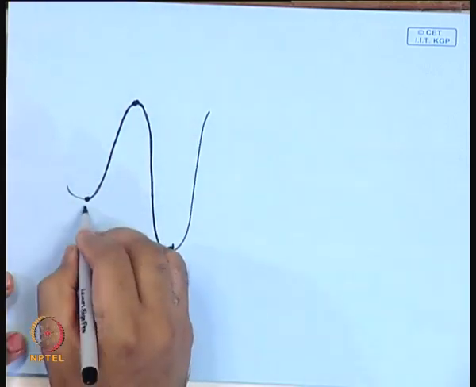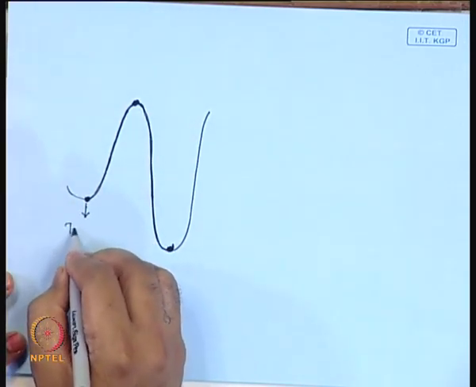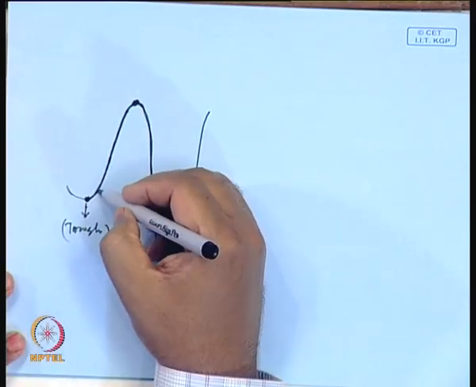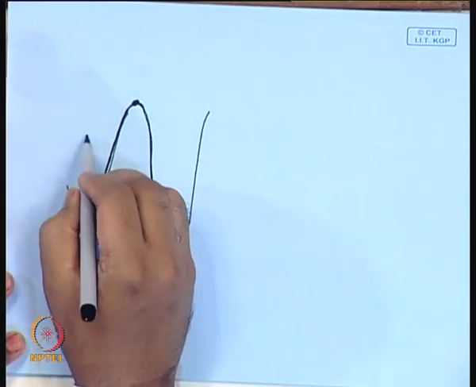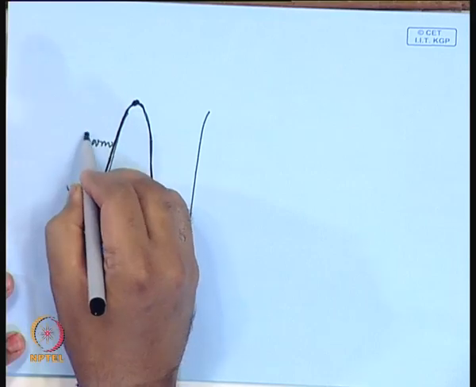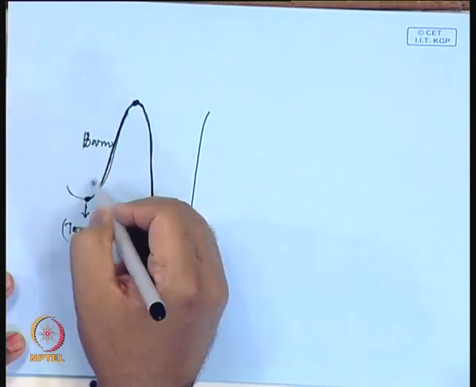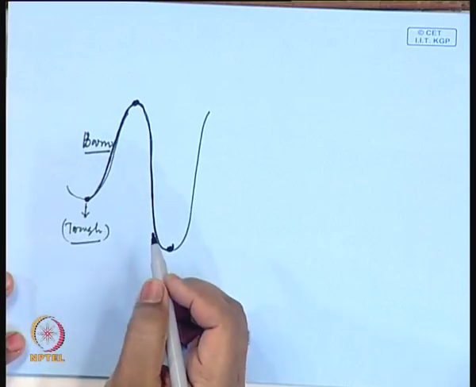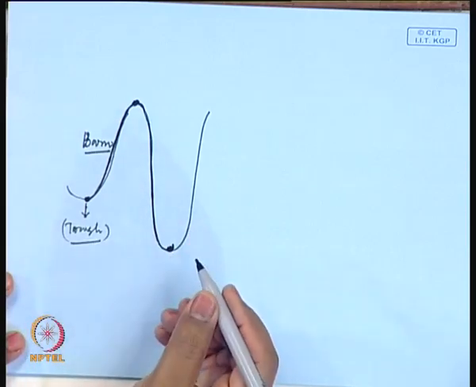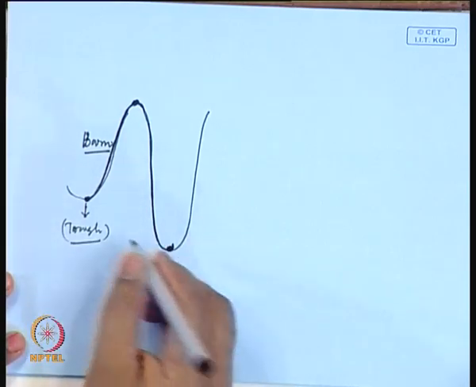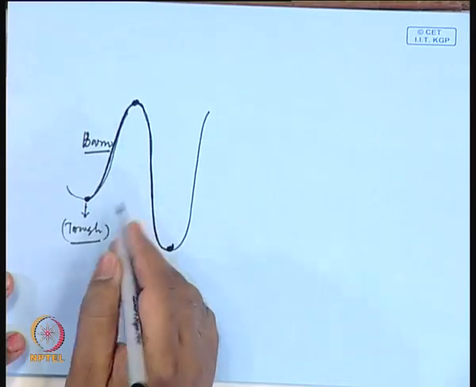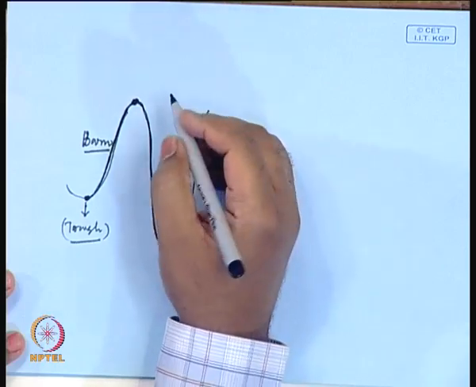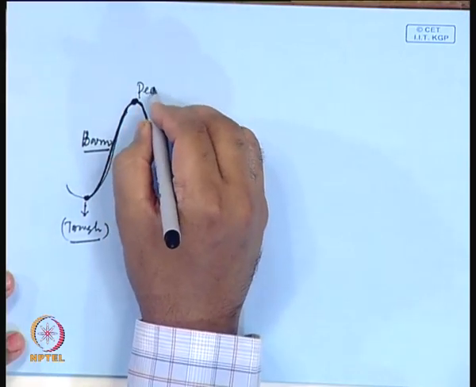So this particular point we call the trough. Then this period, whenever it starts inclining, we call it the boom. This is the boom, or we can say there is an economic boom. Even this is a very household word in everybody's mind. Then finally, it will reach the peak.